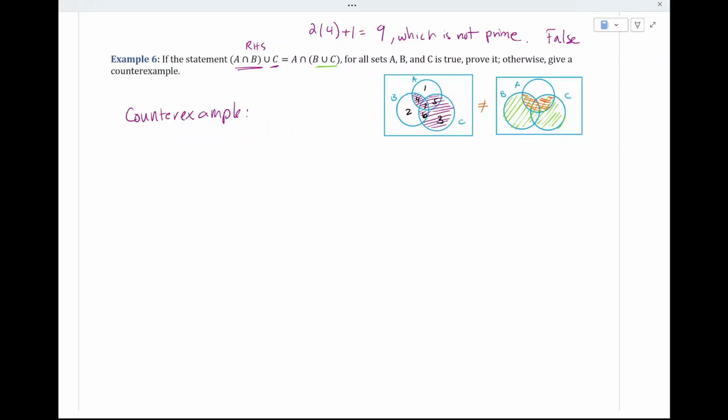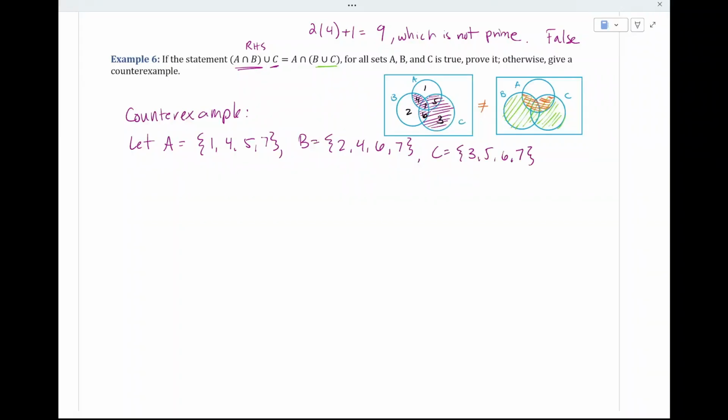So for my counterexample, I'm going to let A be equal to {1, 4, 5, 7}. Those are the numbers that I made up for A. B is going to be {2, 4, 6, 7}. Oops, curly brace. And C is going to be {3, 5, 6, 7}.